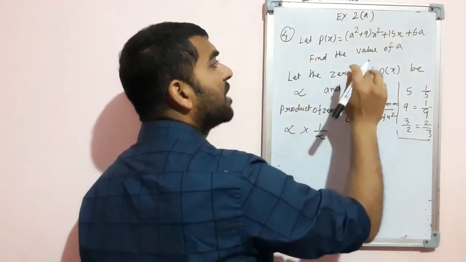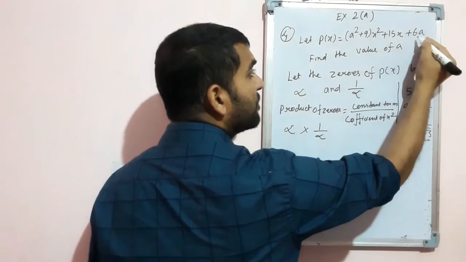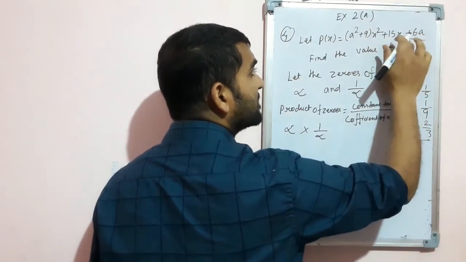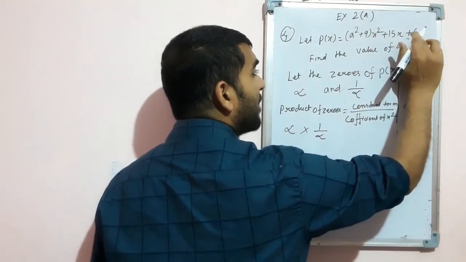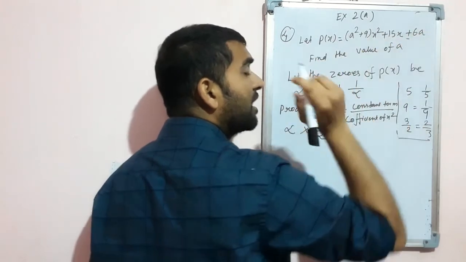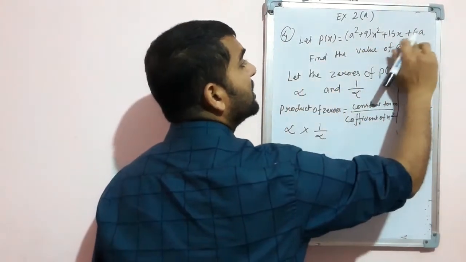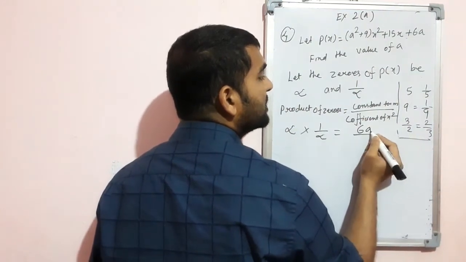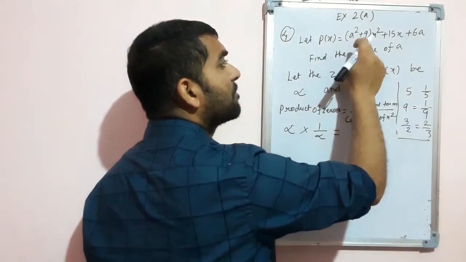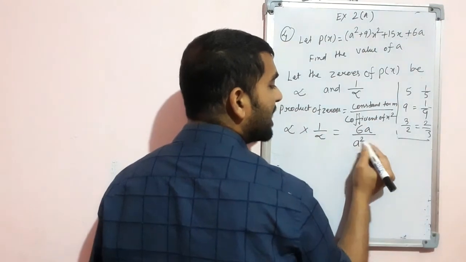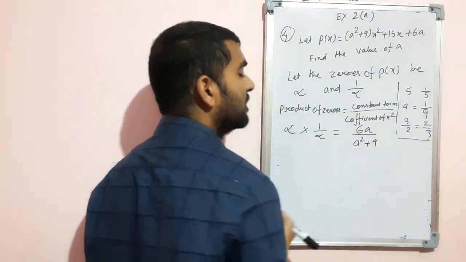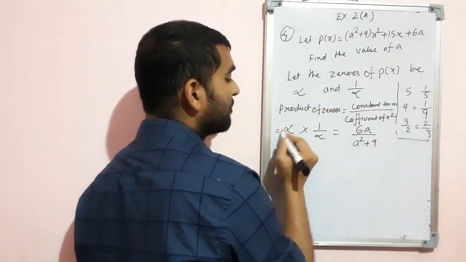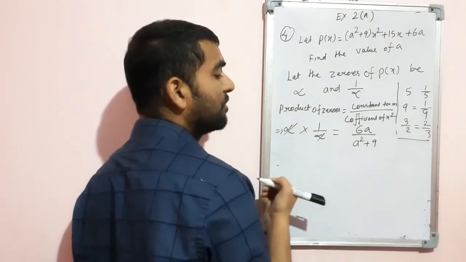Then the constant term. How much is the constant term? See, the last one we always call the constant term, the value without x. Here it is 6a. We will write 6a. Coefficient of x square is a square plus 9. We will write a square plus 9. Now alpha and alpha will be cancelled.